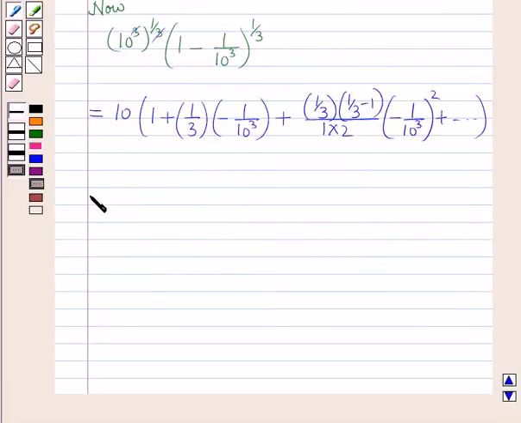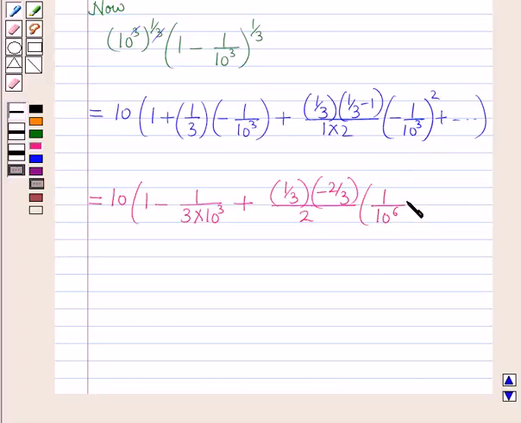This will be equal to 10 into 1 minus 1/(3·10^3) plus 1/3 into (1/3 - 1), which will be minus 2/3, over 1 into 2, into (-1/10^3)^2, which will become 1/10^6, plus so on.